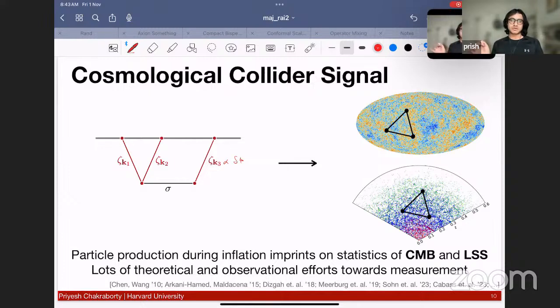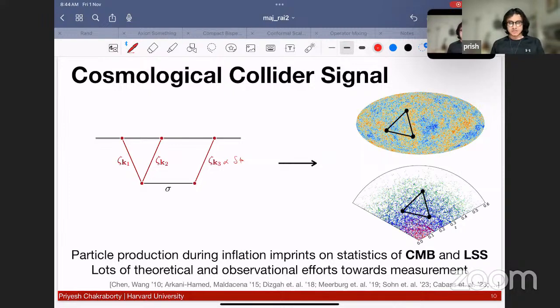I'll be working throughout under the single field slow roll paradigm. The fluctuations of this inflaton will have some variance, which leads to the scale invariant CMB and matter power spectrum.